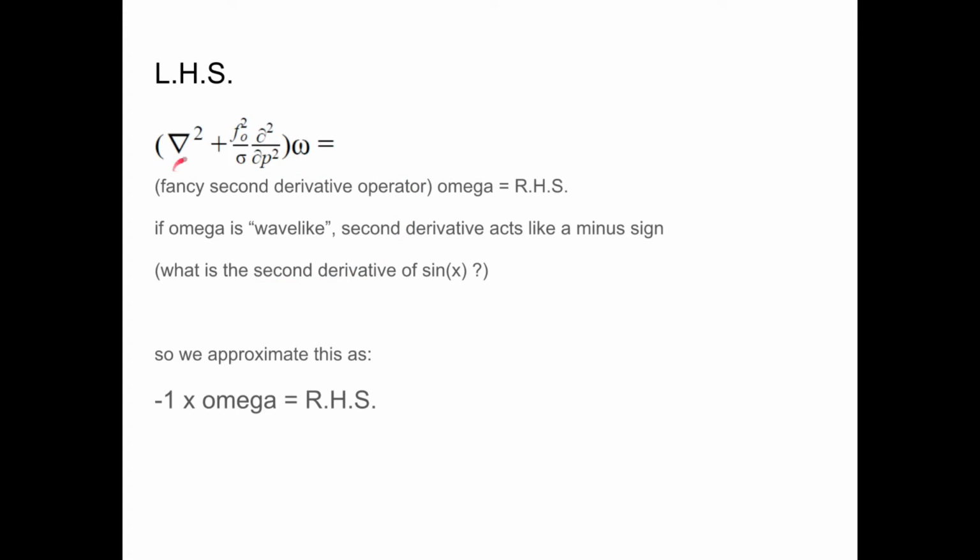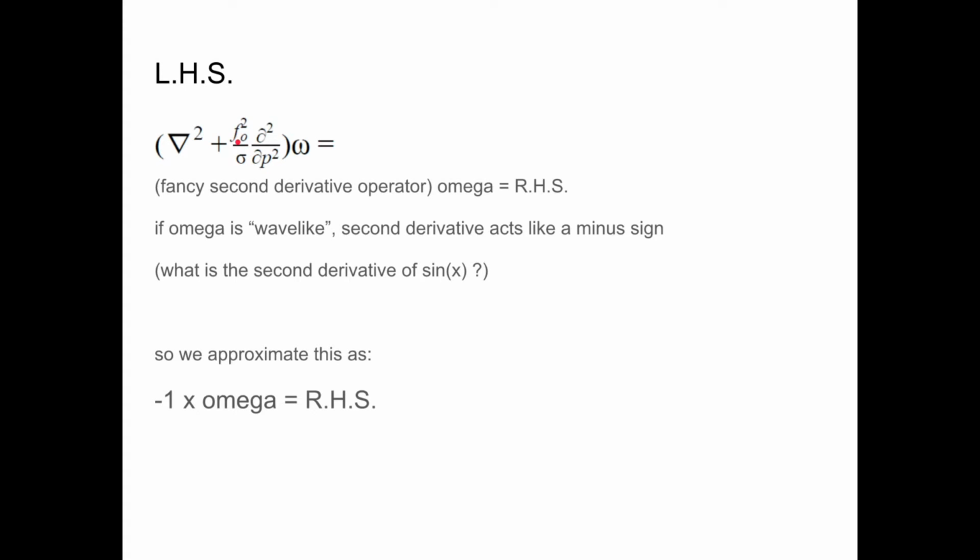The left-hand side, you can see you've got the del squared. So that's the second derivative, partial squared dx squared, partial squared dy squared, also called the Laplacian operator. And then we have a partial squared dp squared with f naught squared over sigma multiplying it.